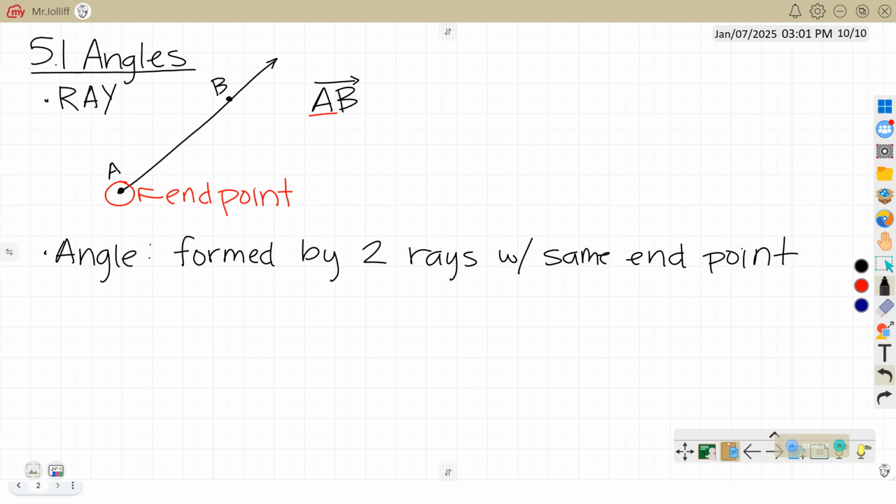So two rays form an angle. As long as those rays meet at a common endpoint, we get an angle. Could be a skinny angle, could be a fat angle, could be an upside down angle. Two rays form an angle.